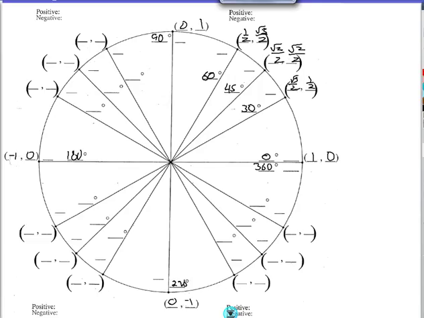If it's 30 over here and I fold it over, what angle would that be? If that's 180 and from there to there is 30, what does that angle have to be? 150. What would that angle be? 135. What would that angle be?